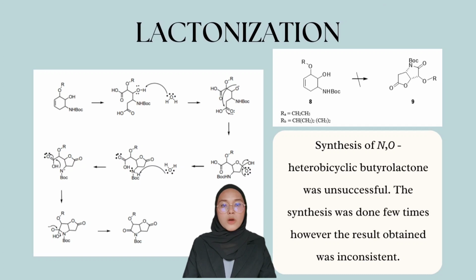However, compound 9 was unsuccessfully synthesized in this project. The synthesis of compound 9 has been done a few times, however the result obtained was inconsistent. This happened due to the limited starting material, which is compound 8, and lack of time was also one of the reasons why this synthesis failed.